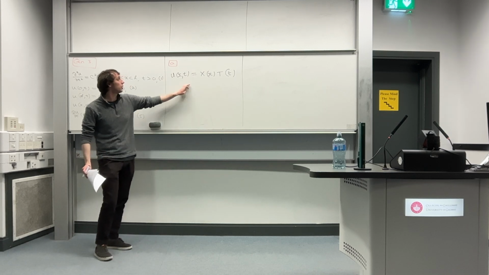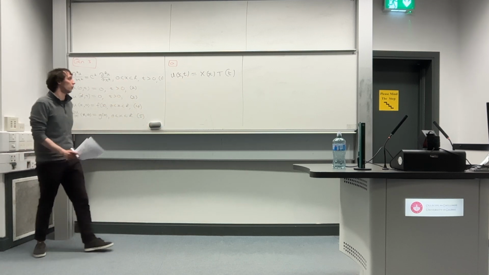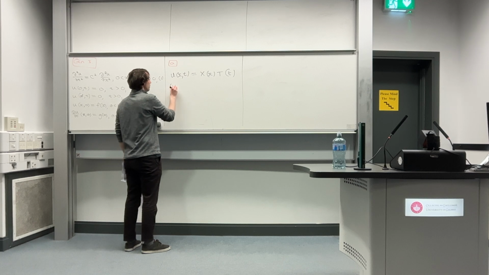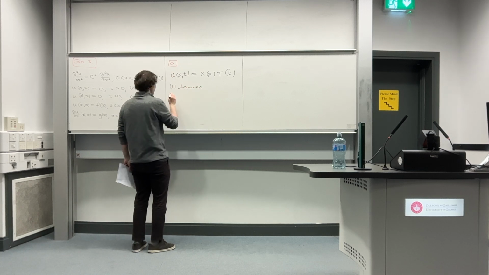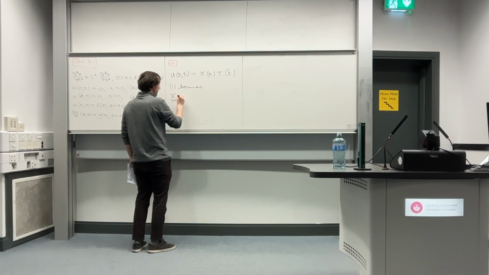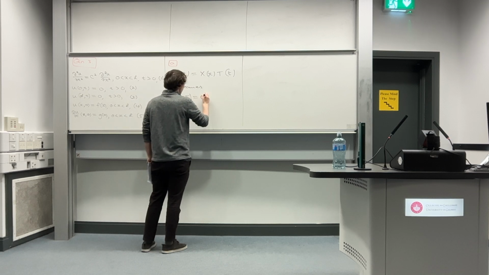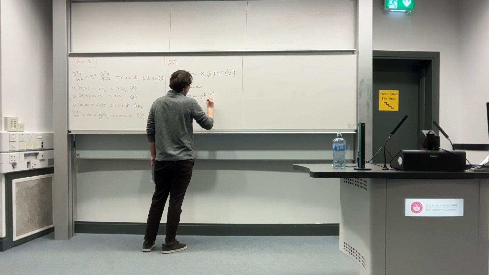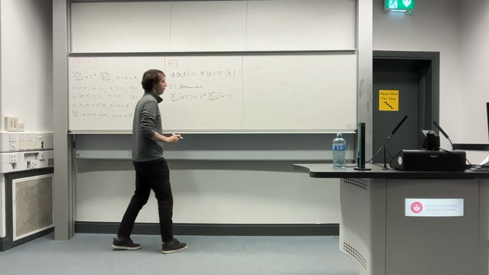Okay, so we're going to substitute this ansatz for u back into our wave equation 1. If we do this, then 1 becomes, well, the left hand side is just the second derivative with respect to t of XT, and that's equal to c squared times the second derivative with respect to x of XT.